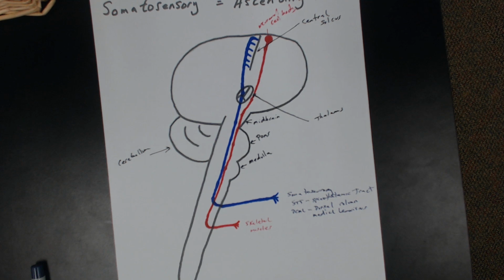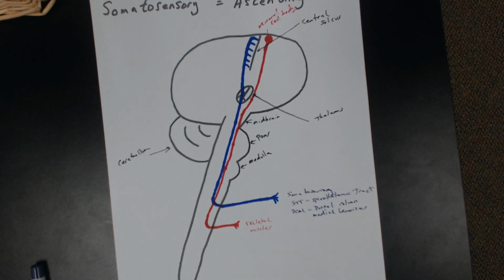We'll get into much more detail. This is just a broad overview. Now, one of the interesting things about the tracts overall is all of the tracts have a common origin and a common termination. Okay, and that's really how they're named.